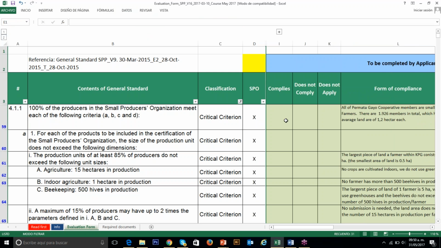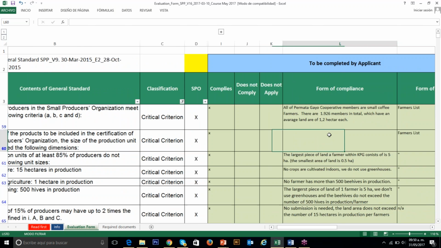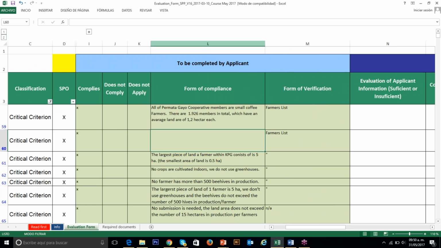Then they have to write if they comply or not with this criteria, but it's not mandatory. For example, complies, or maybe it does not apply. But the most important is that column L and column M have been filled out.